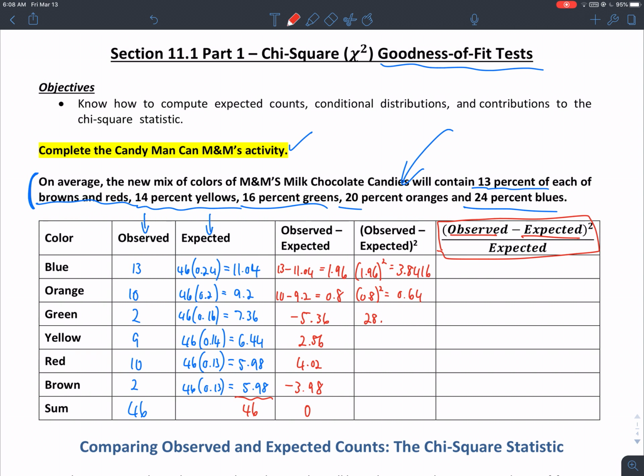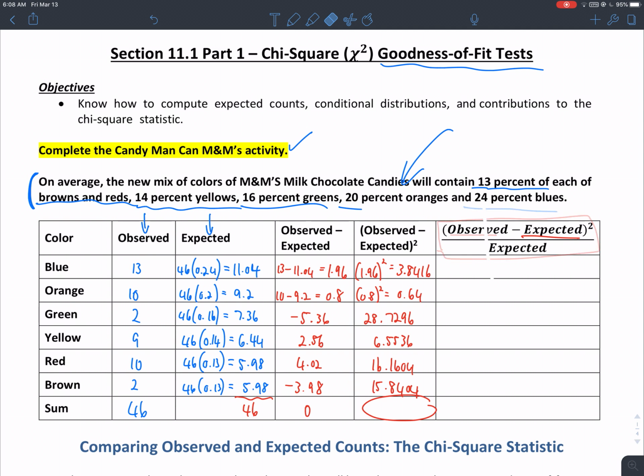So you get 28.7296, and then 6.5536, 16.1604, and 15.8404, something like that. All right, and I'm not sure if it's valuable adding up this number. I have it, but I'm not sure if that's important.